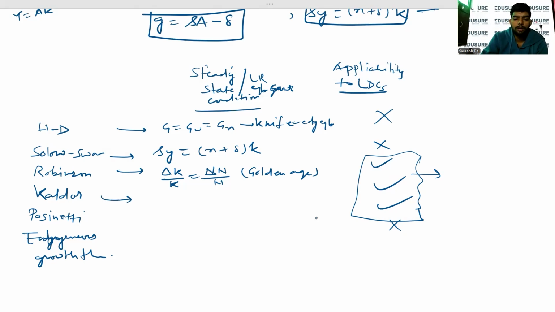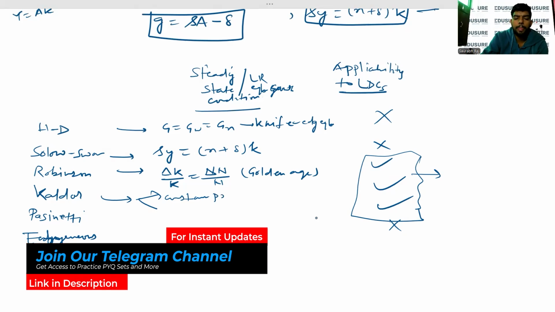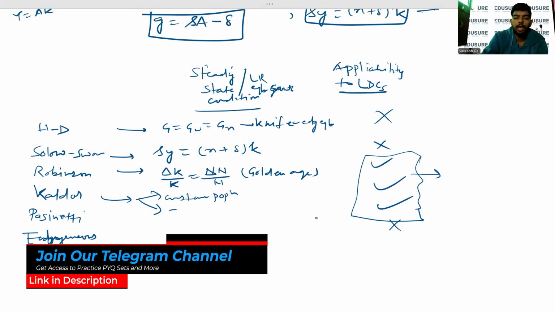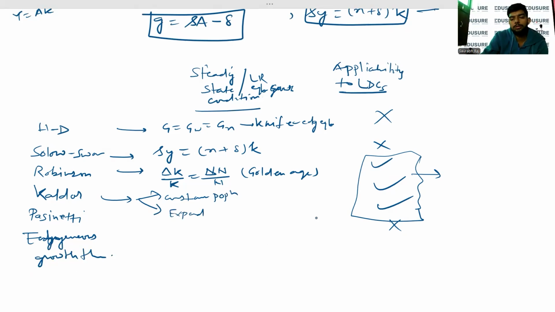Then Kaldor, two cases: constant population, expanding population. Growth rate G is equal to alpha double dash upon 1 upon beta double dash. Here growth rate is equal to G plus lambda. Lambda is the maximum population growth.